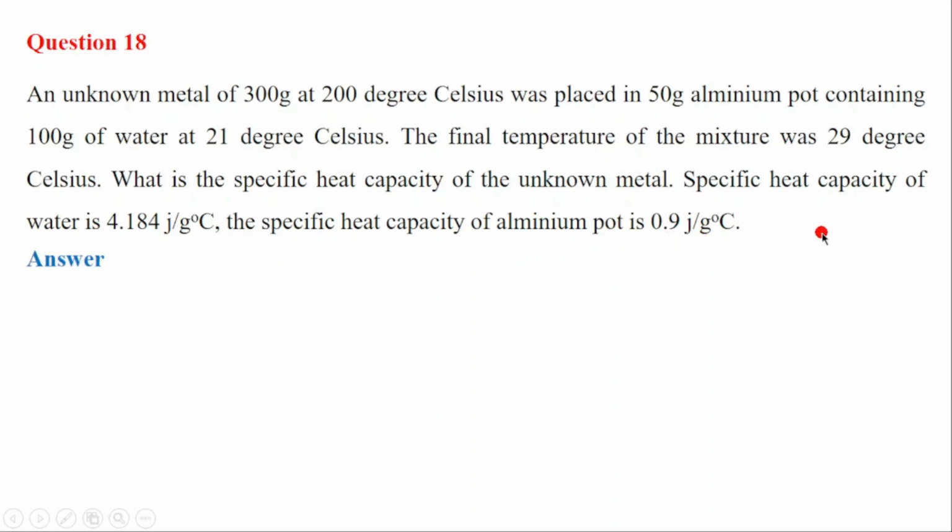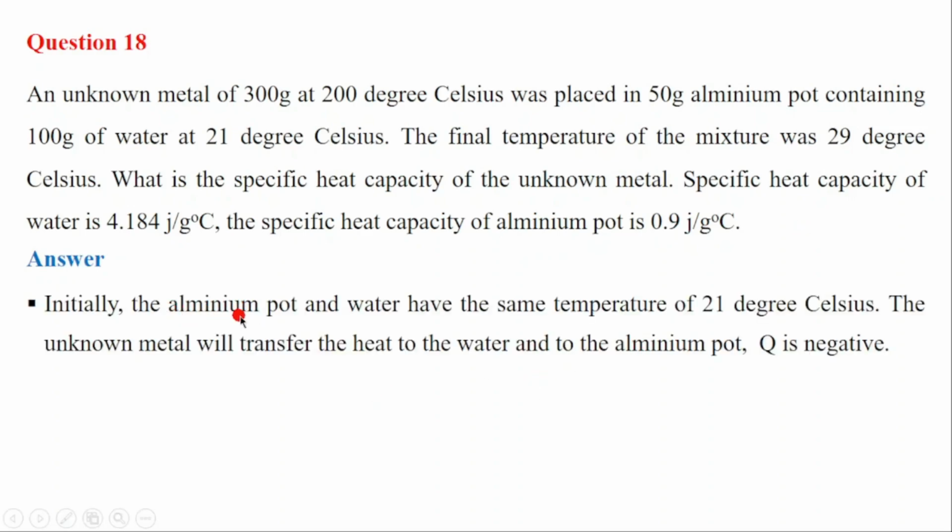So let's go to the answer. There will be a flow of heat from the 200 degrees Celsius unknown metal to the aluminum pot, and also a flow of heat from the unknown metal to the water. So the heat lost by the unknown metal will be equal to the heat gained by the aluminum pot plus the heat gained by the water.